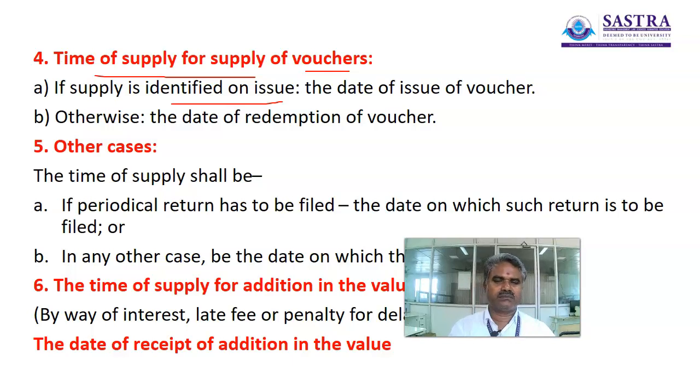Assume that you won that competition. They give some prize along with one coupon, a gift hamper with one gift coupon. But they specifically mention you go and use this coupon only for purchase of a cell phone, mobile phone.